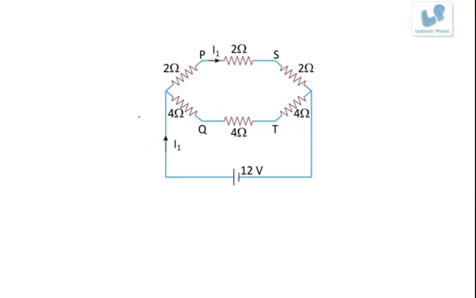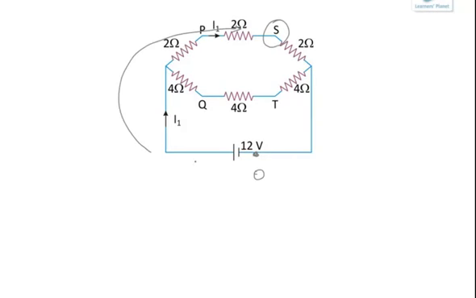Now let us take the potential of this point, the negative terminal, as 0, and then we traverse from this point up to S in this fashion. When we move across this, there is a gain of 12 volts.